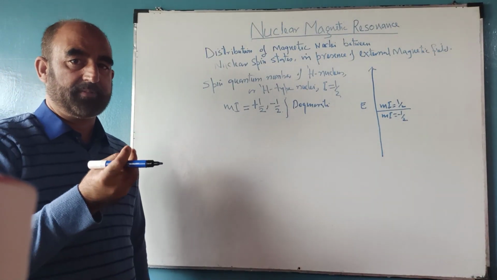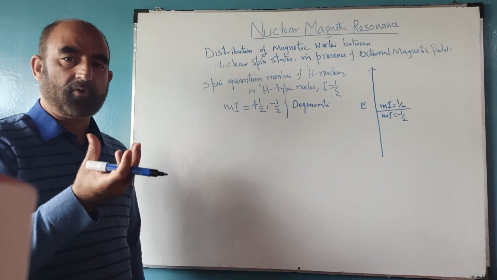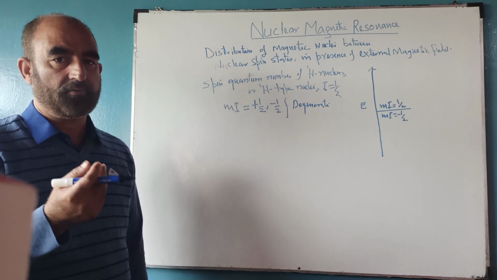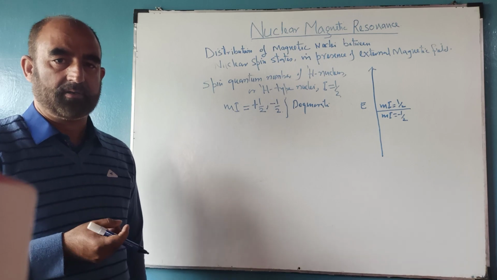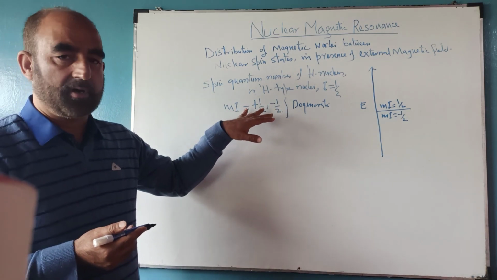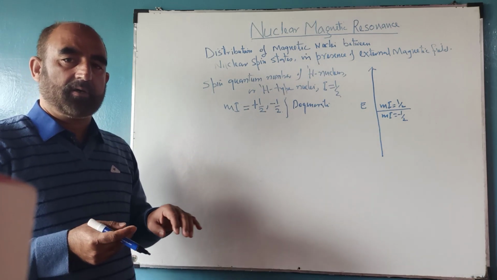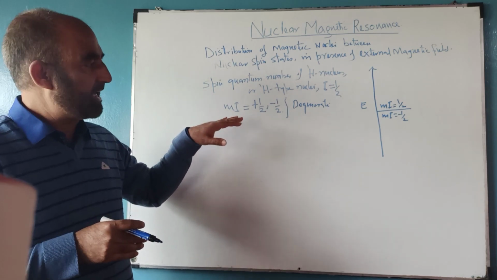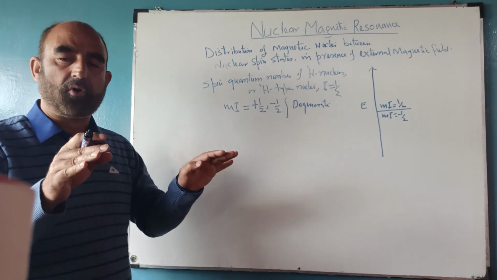Now when we have a sample, for example, a sample of organic molecules, in the sample there will be millions of hydrogen nuclei or protons, and since the two states are of the same energy, on an average the two energy levels will be equally populated.